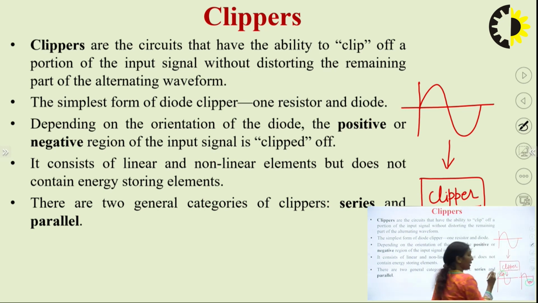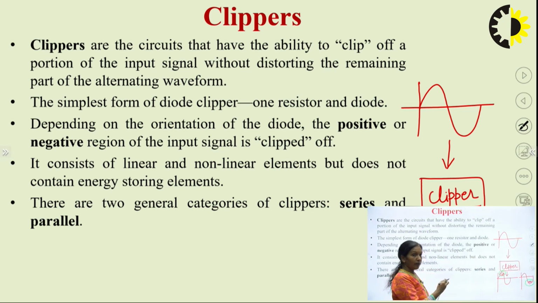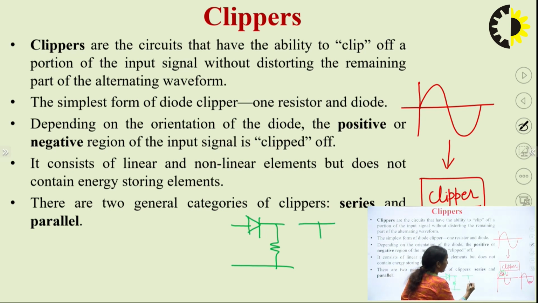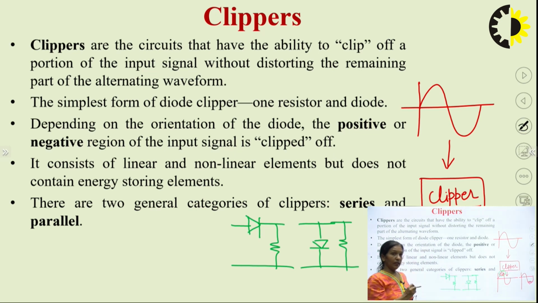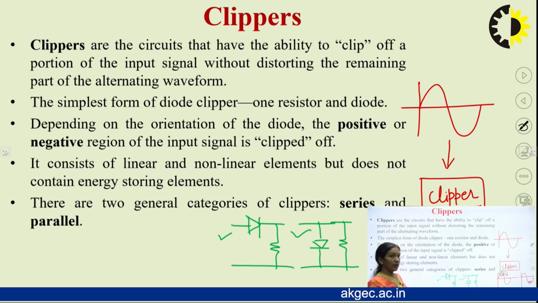Series clippers are those in which the diode is connected in series with the load resistance, whereas parallel clippers are those where the diode is connected in parallel with the load resistance. So, we are going to discuss these two types, the series clipper and the parallel clipper.